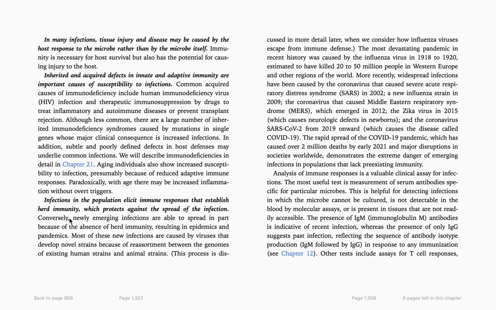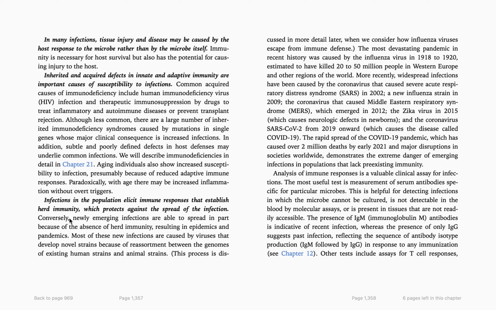More recent widespread infections have been caused by the coronavirus that caused severe acute respiratory syndrome, SARS, in 2002 and 2003, a new influenza strain in 2009, the coronavirus that caused Middle East respiratory syndrome, MERS, which emerged in 2012, Zika virus in 2015, which caused neurological defects in newborns, and coronavirus SARS-CoV-2 from 2019 onward, which causes the disease called COVID-19.